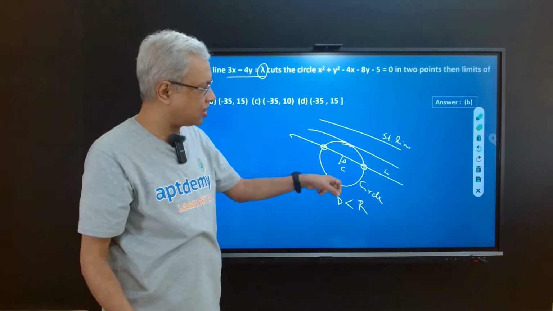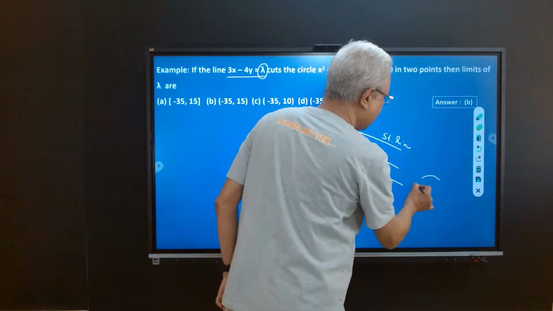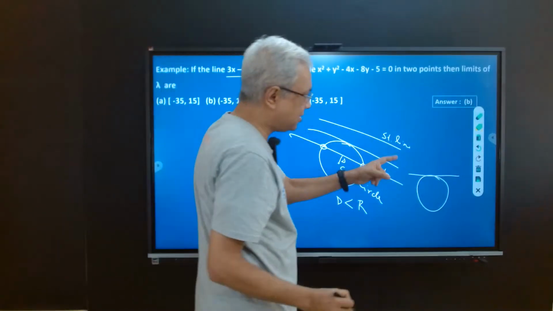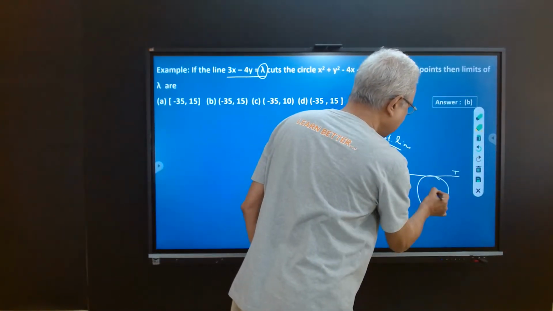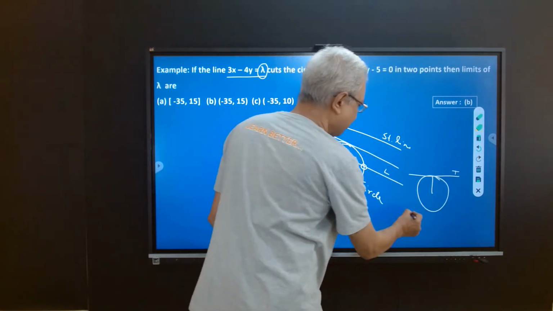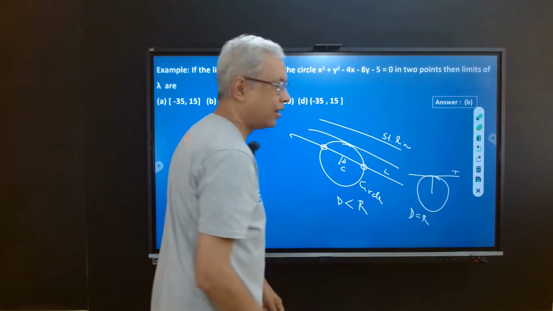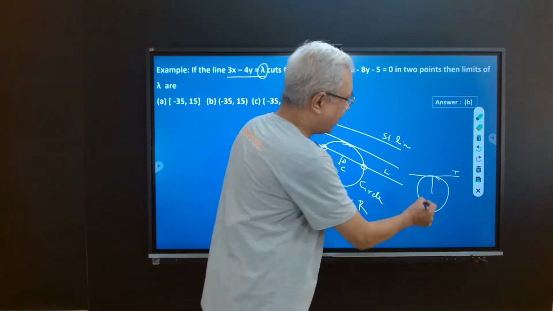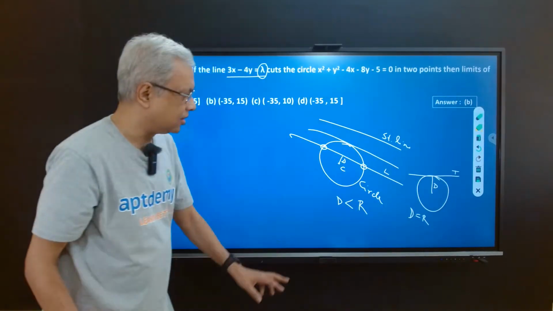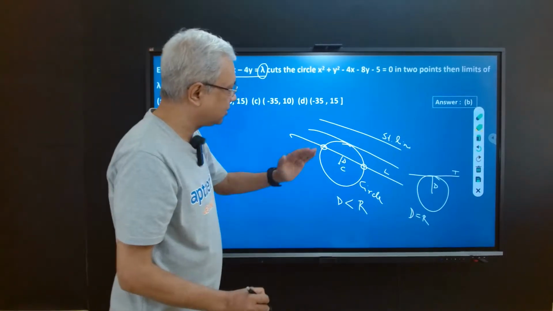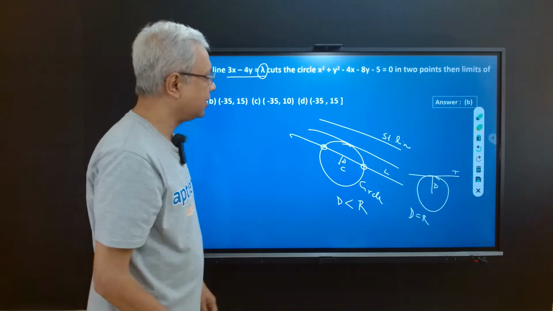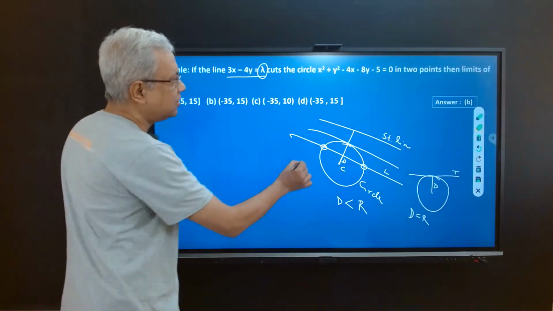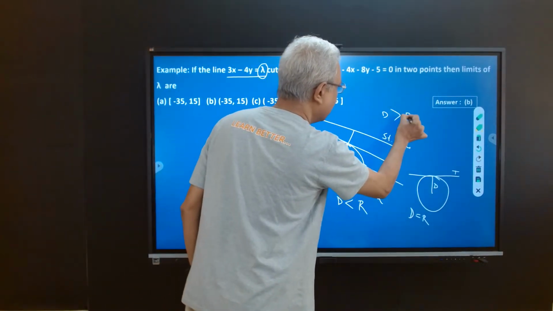Had the line touched the circle at only one point, that means the line is a tangent to the circle. In that case, the perpendicular distance d is equal to r. From the center you drop a perpendicular on the line and that becomes equal to the radius. And when the straight line lies outside the circle, then the perpendicular distance from the center to the line, d, is definitely greater than r.